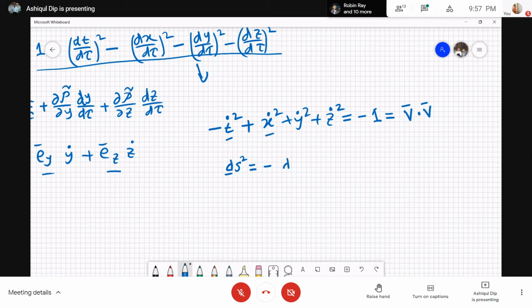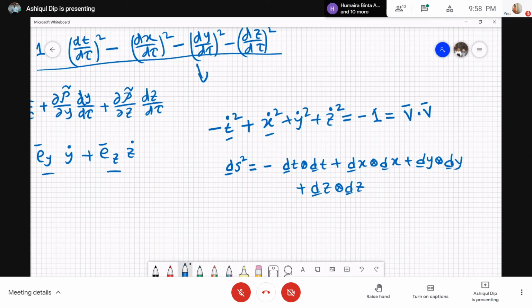It will be g: minus dt times dt plus dx times dx plus dy times dy plus dz times dz. This is our metric tensor. Is that clear to everyone?